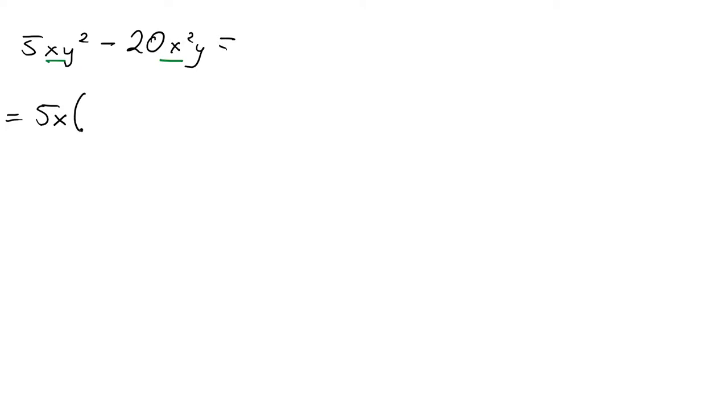Now, as I said, I identified the highest common factor. Now I divide each of the terms of the expression by the highest common factor. So if I divide 5xy squared by 5x, I'm going to end up with y squared. And if I divide minus 20x squared y, I'm going to end up with minus 4xy.